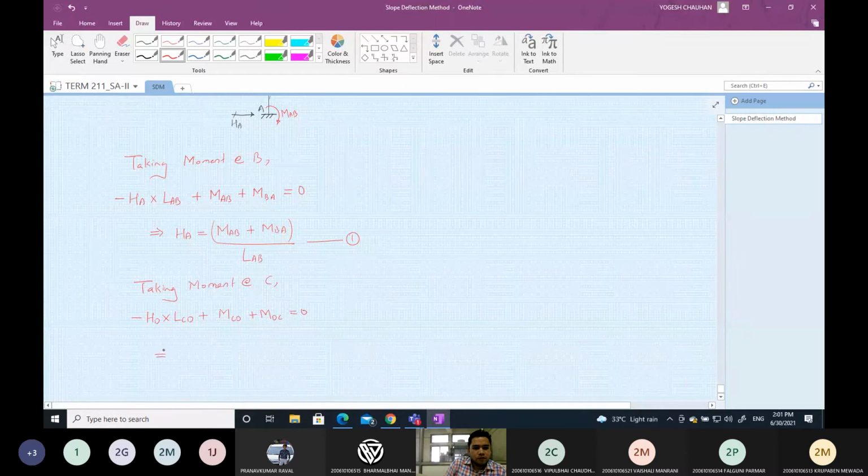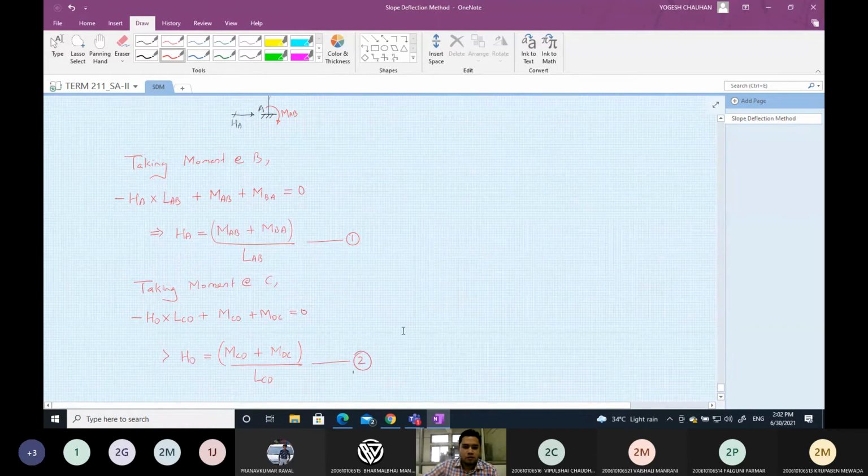So this implies HD equals to MCD plus MDC divided by LCD. Mark this as number 2.